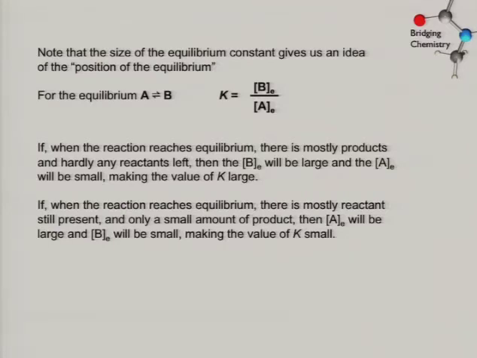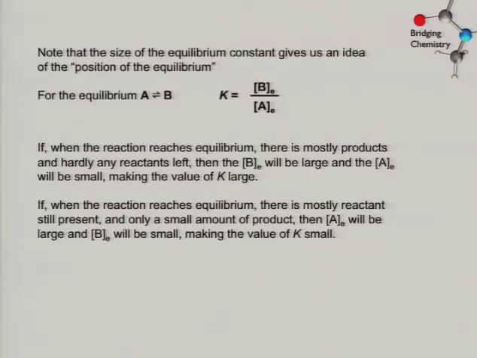Then let's imagine what the K is going to be if the values of A and B are certain things. What I'm going to do here is something I would encourage you to do if you're not sure how these things work. It's often the case with equilibria, but it can be with other things as well.